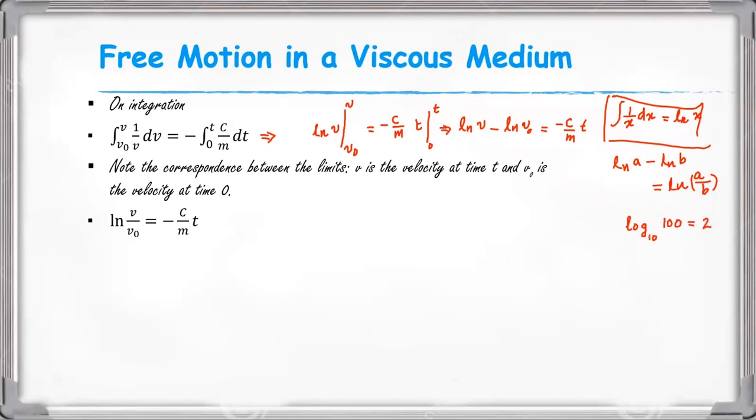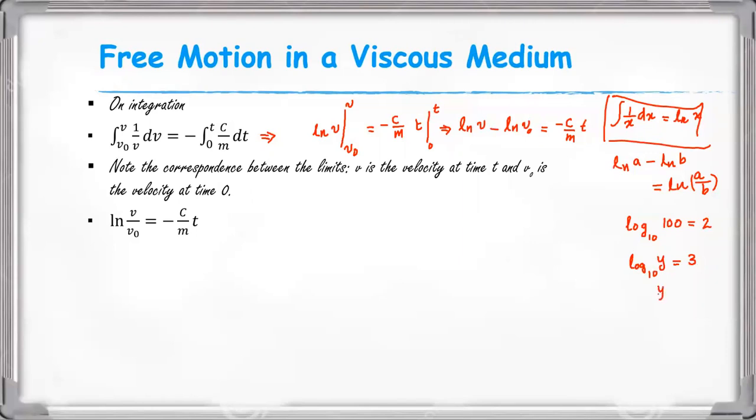Logarithm of 100 with the base 10 is equal to 2. Okay. We know we have a quantity, it is logarithm of y. Logarithm with base 10 of y is 3. We have given that quantity.